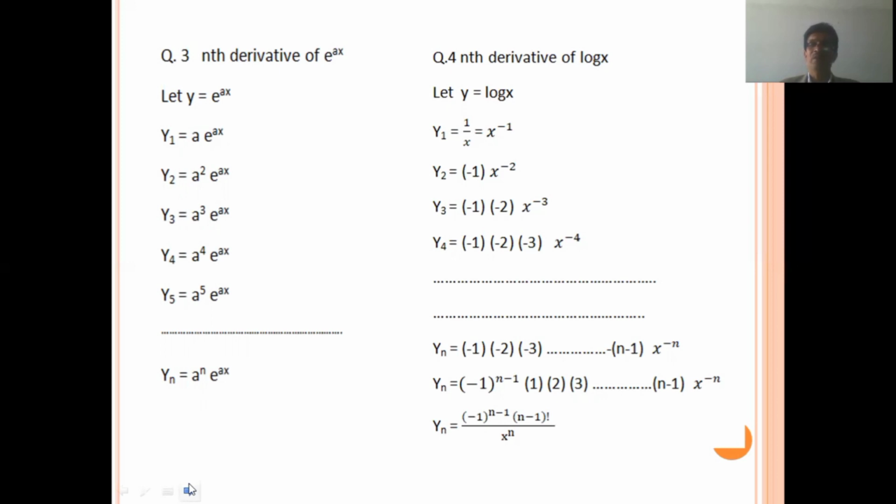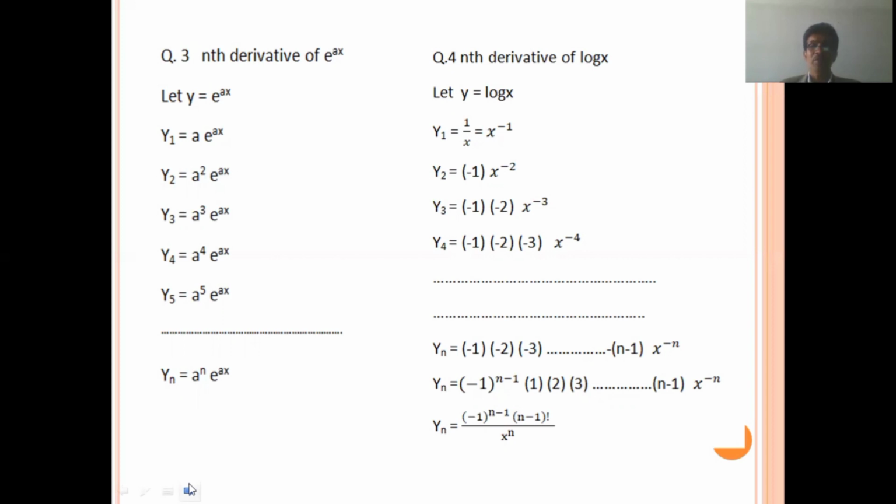The third derivative y3 is equal to minus 1 constant, with differentiation of x to the power minus 2 giving minus 2 x to the power minus 3. y4 means the fourth derivative: minus 1 and minus 2 are constant terms, and differentiation of x to the power minus 3 is equal to minus 3 x to the power minus 4. And after the fifth and sixth derivatives, we write the nth derivative in a similar way: minus 1, minus 2, minus 3 up to minus (n minus 1), times x to the power minus n.